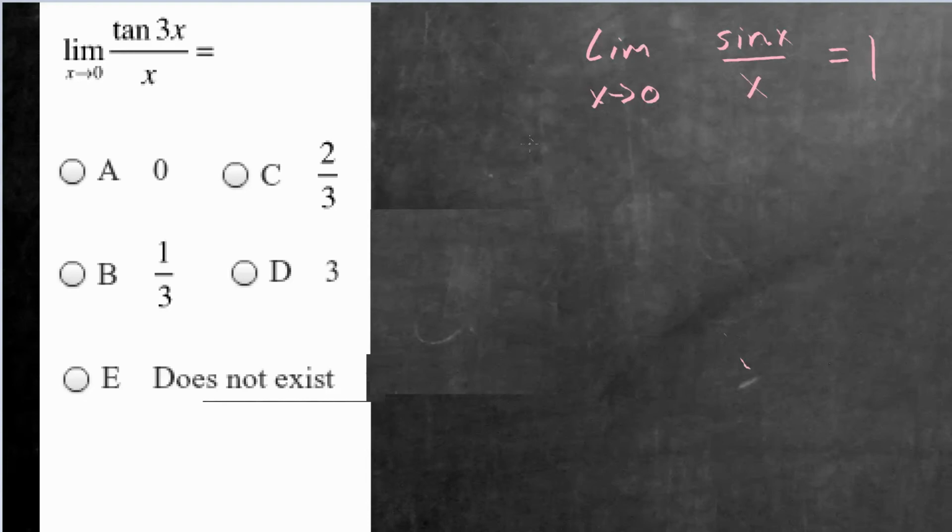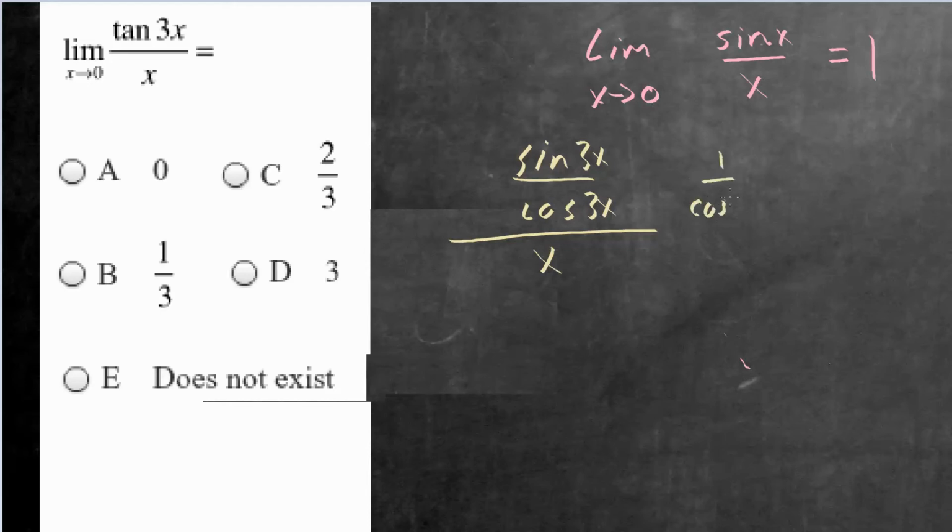Tan we know is sine over cosine, all of that over x. Now I can break up this fraction into 1 over cosine 3x times sine 3x all over x.